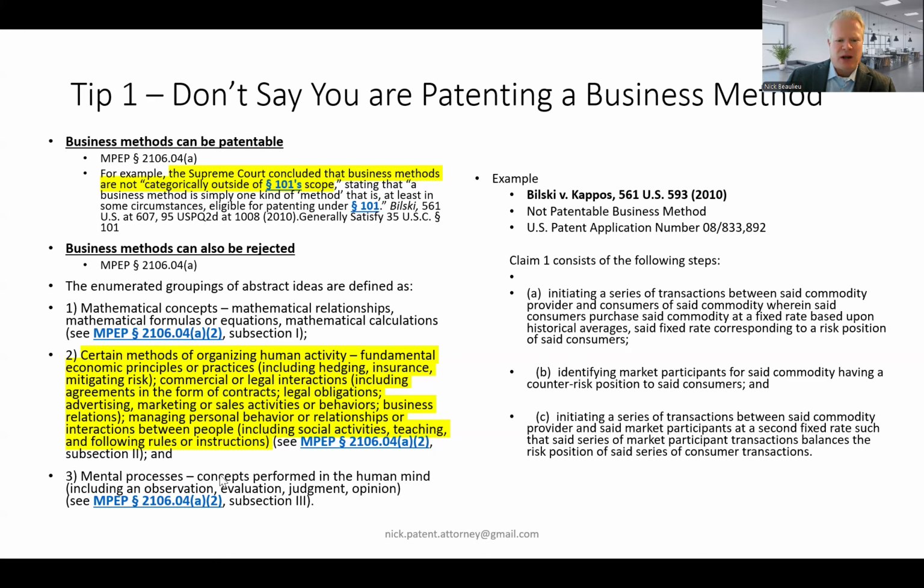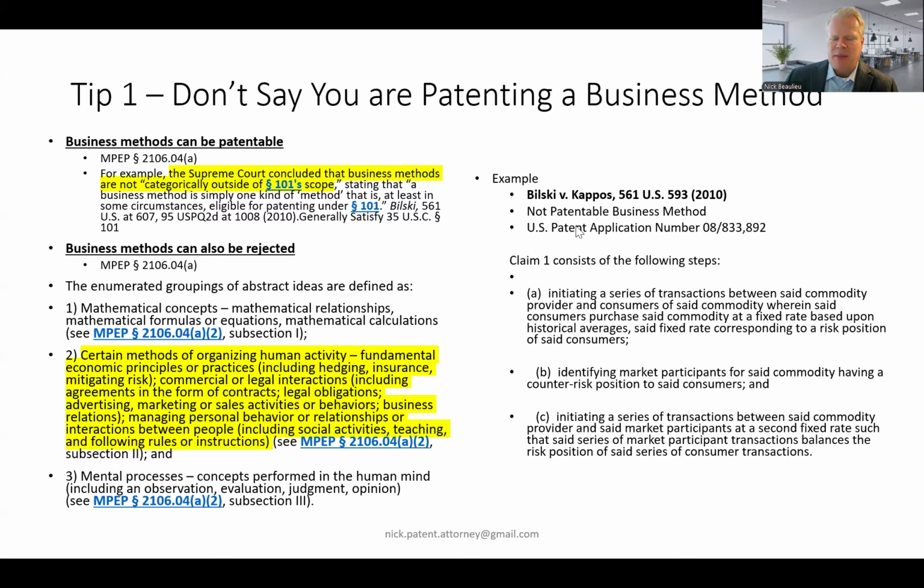And third, mental processes, concepts performed in the human mind, including observation, evaluation, judgment, and opinion. So again, the Supreme Court has said that some business methods are not patentable, but they also have said that some are patentable. So it can be a little difficult.